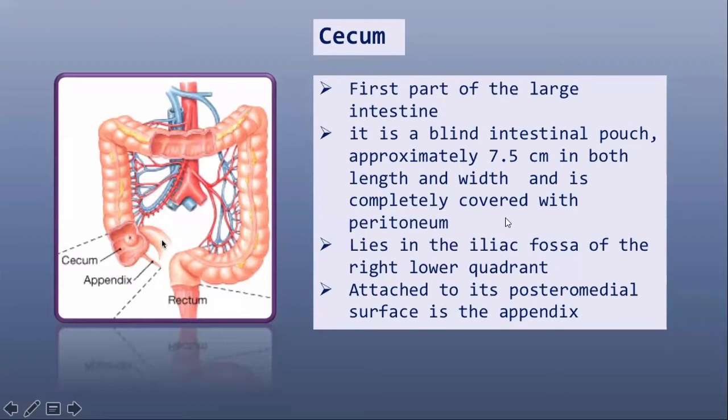It is a blind intestinal pouch, approximately 7.5 centimeters in both length and width, completely covered by peritoneum. It lies in the iliac fossa in the right lower quadrant. Attached to its posteromedial surface would be your appendix.